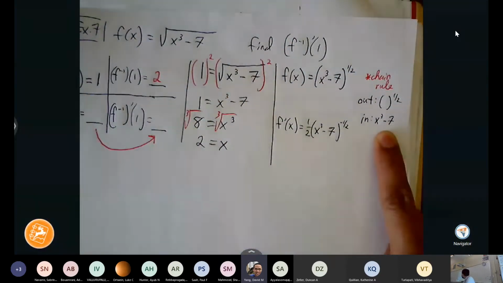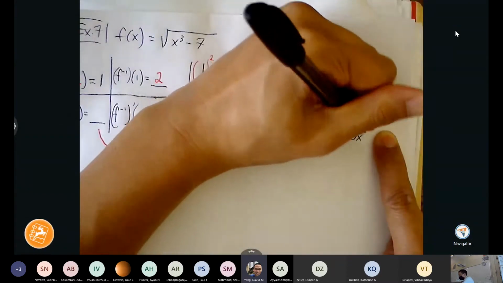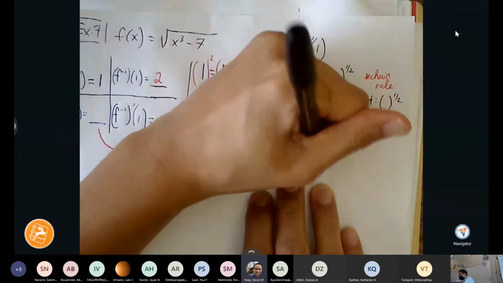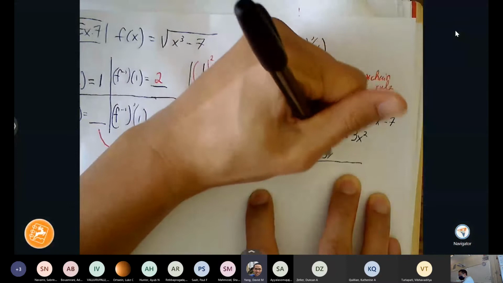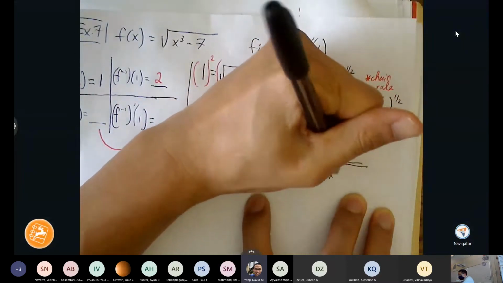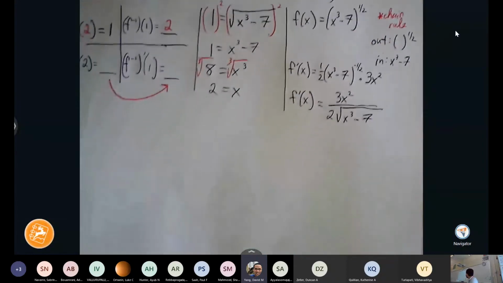Multiply by the inside's derivative, 3x squared. Okay, I'm going to do a little bit of cleanup with my f prime, and then we can work into 2. All right, so there's my cleaned up derivative.